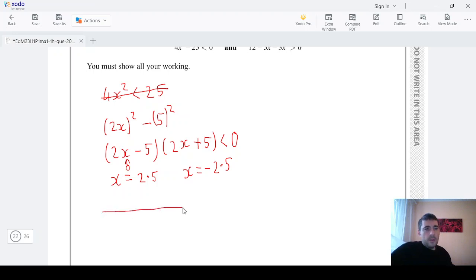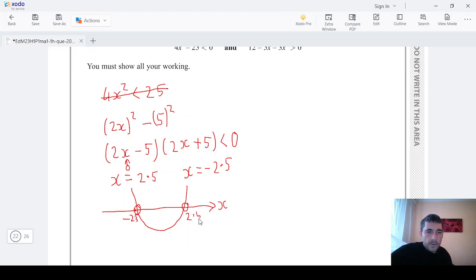Let's check with the graph. I can sketch the graph, and it will be easier to visualize. It doesn't have to be accurate. I know that we've got a quadratic graph, and we need to look for the values which will be under the x axis.